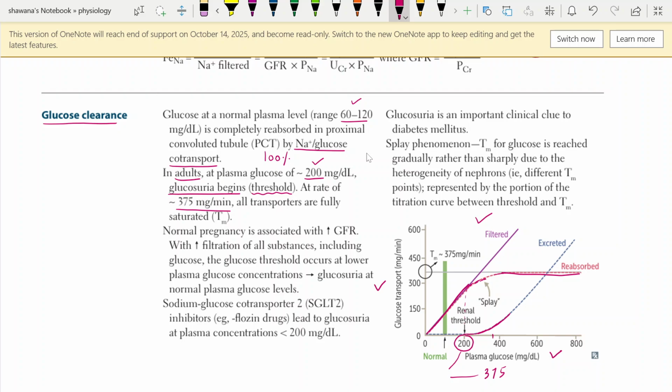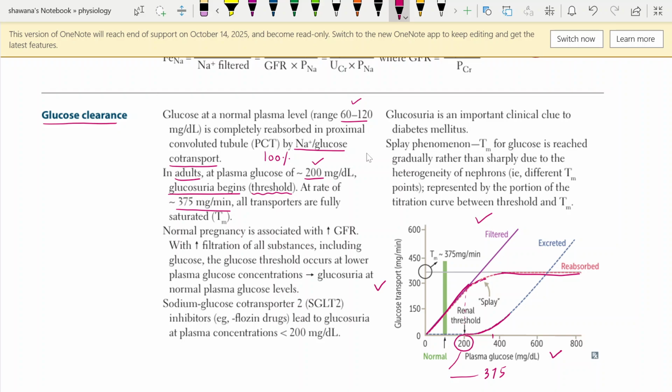So they will not reabsorb any more glucose, so excretion will become parallel to the filtration. All the filtered glucose after the transporters have been saturated will be completely excreted. There will be no net reabsorption of glucose after 375.